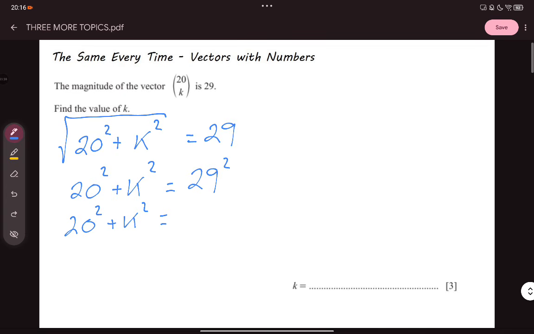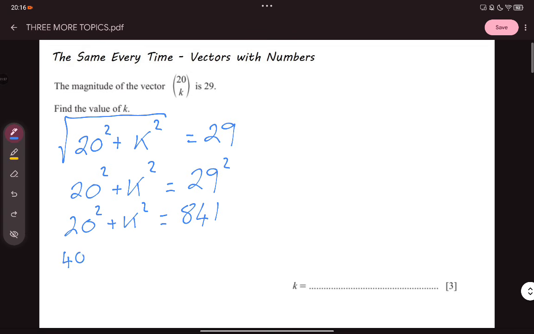Well, I don't happen to know that one, so I'm reaching for my calculator. 29 squared is 841. So probably a calculator question, this one, I think. Let's put some numbers in here then. 20 squared, well, that one is 400, isn't it? 20 times 20.